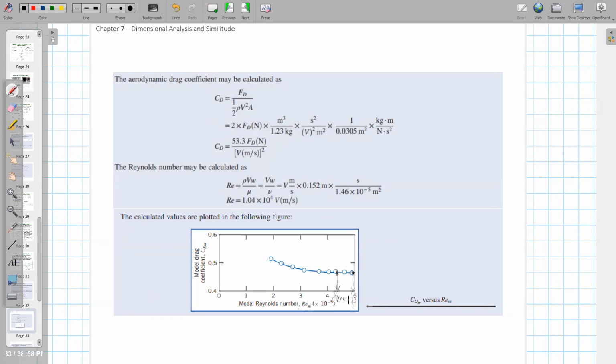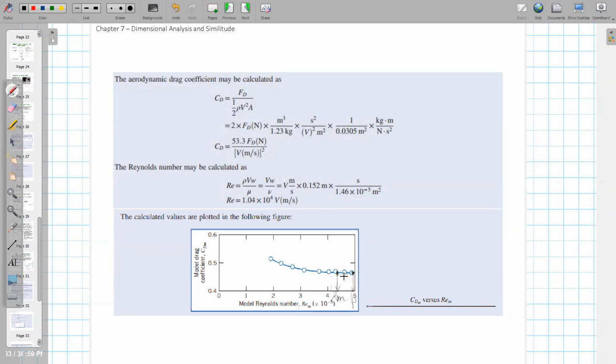Although these two Reynolds numbers are not the same, because we know that the curve is flat, this should also give us the same result. So in our experimental measurement, we can reduce the Reynolds number problem if we assume we are in this horizontal range.